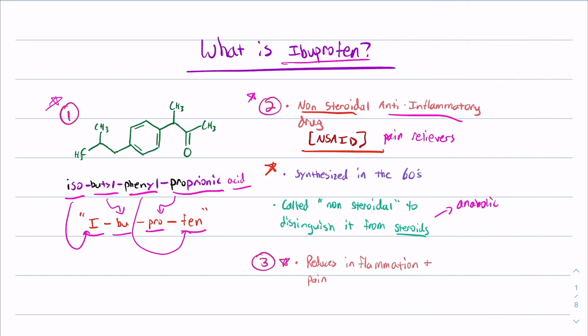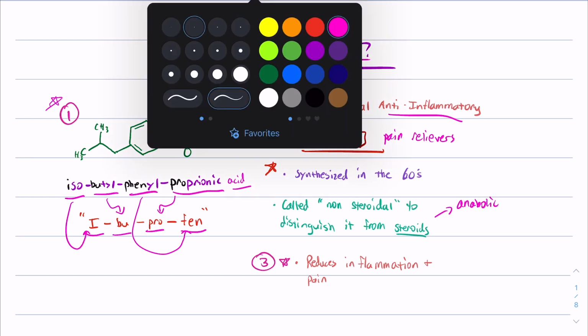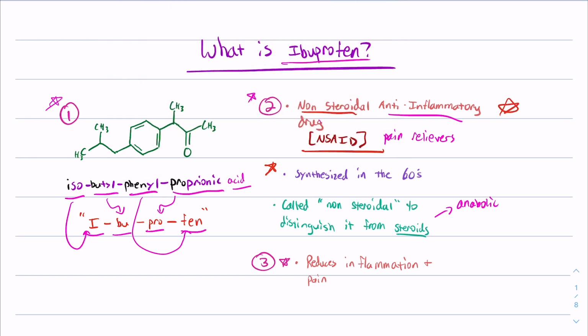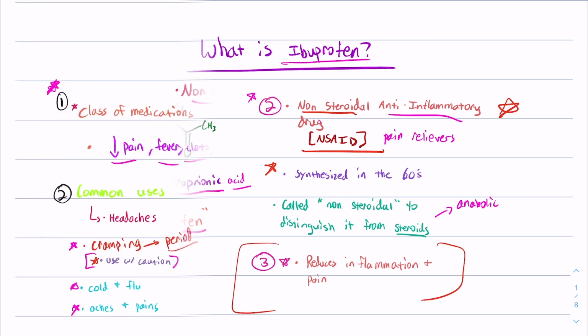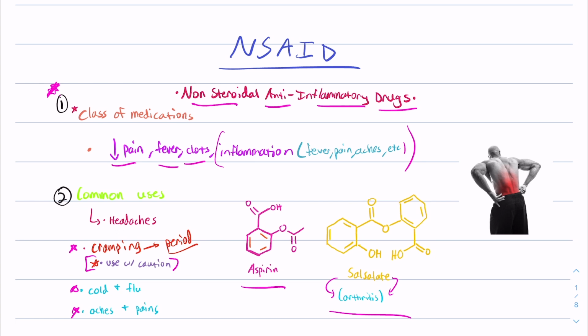Briefly, we talked about ibuprofen, where the name comes from, that it is a non-steroidal anti-inflammatory drug, and it reduces inflammation and pain. Then we got deeper into NSAIDs, how these NSAIDs reduce inflammation and pain. It is a class of medications that are used for a variety of different things.